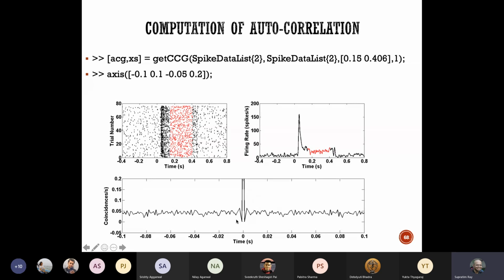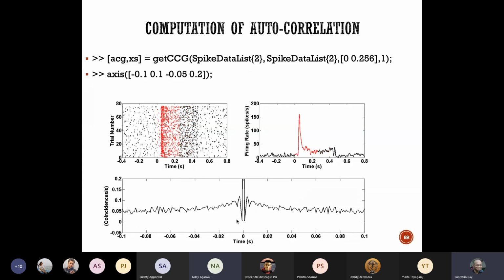So this is evidence that the neuron is firing in a Poisson-like manner. Is that fine? Now the dip, let me ask the question, the dip is because of the refractory period, right? That's right, yes.